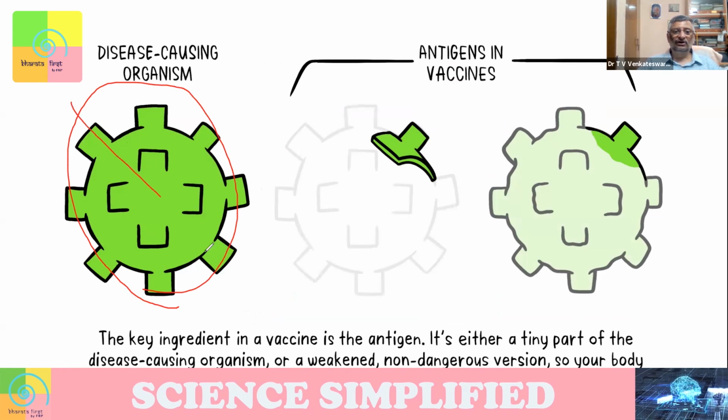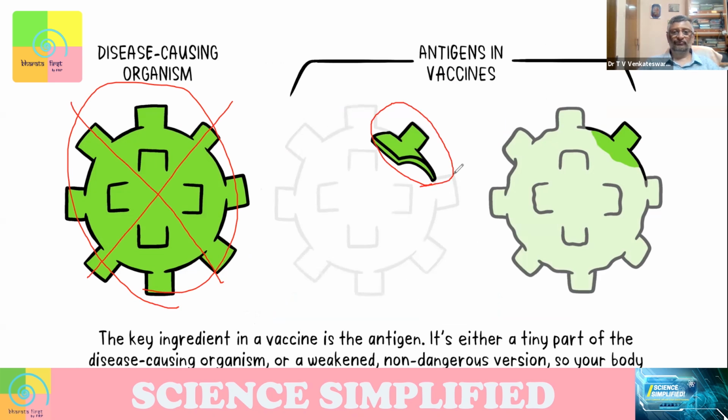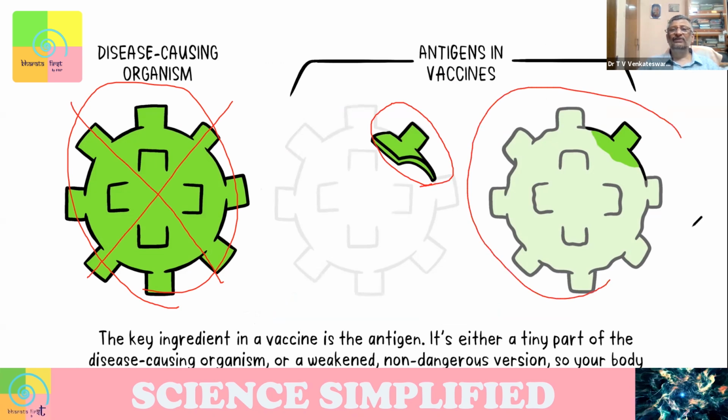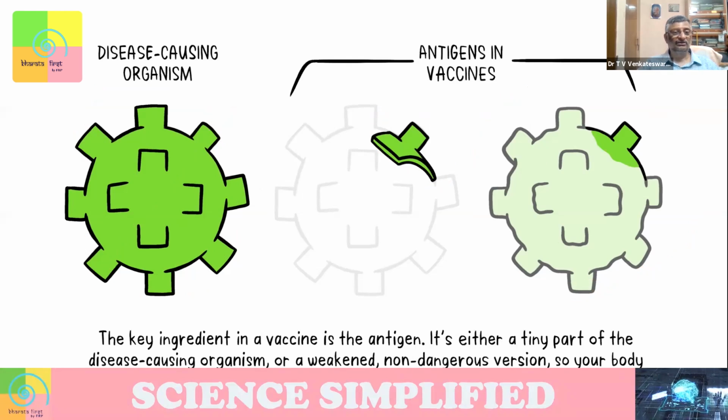So instead of giving the whole organism to my body, suppose I give only one part of it, or a very weakened version of it, meaning a version which cannot cause disease. Either a part or a weakened version. Then my body will start producing antibody for that particular pathogen.